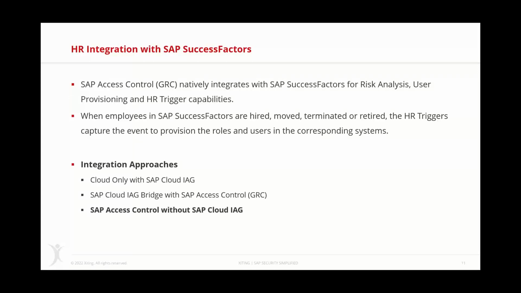When it comes to the HR integration, this is a similar slide I used in the last webinar. So as I mentioned already, with SuccessFactors, we can natively talk to SAP Access Control. So we can go into SAP Access Control, go into transaction SM59 where we maintain our RFC destinations, and we can set up a direct destination to SuccessFactors.